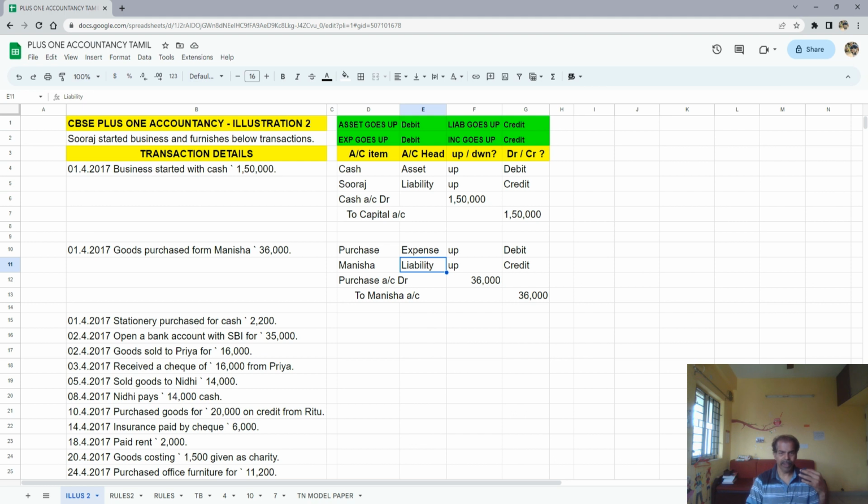Until the time you owe them, correct? What you owe them is called a liability in accountancy, because you are liable to pay them. So liability goes up, so that means you have to credit, correct? So the journal entry is Purchase Account Debtor to Manisha Account 36,000.